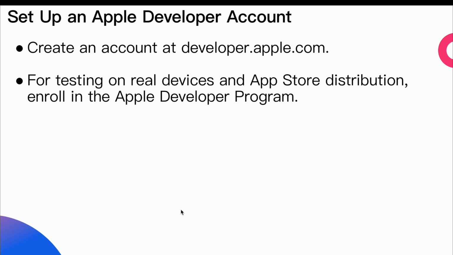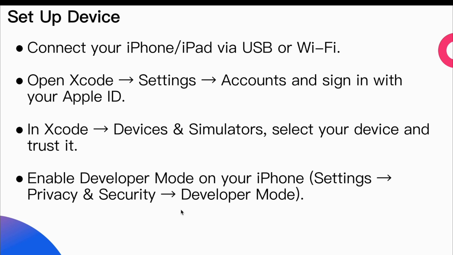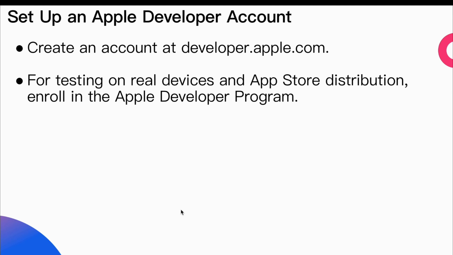Then you can set up the Apple developer account. Having an Apple developer account is mandatory for testing apps on real devices and for publishing them on the App Store. Enrolling in the Apple developer program also gives you access to beta software and advanced app distribution features, like TestFlight.